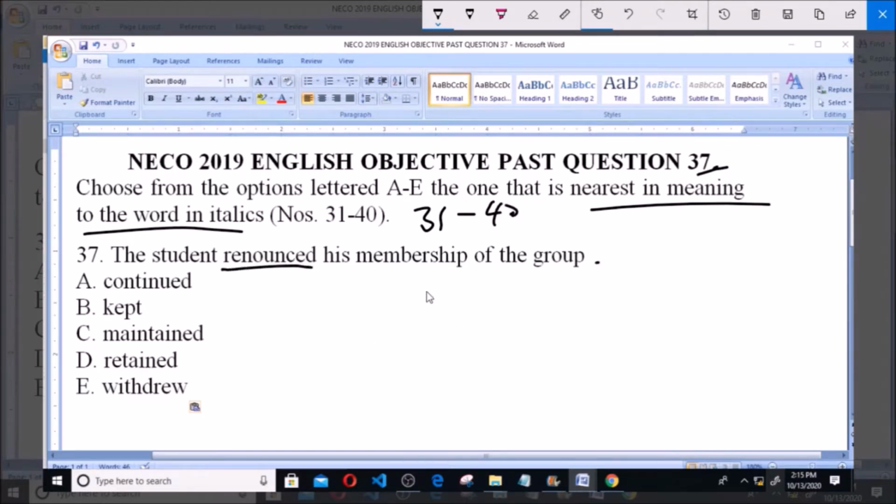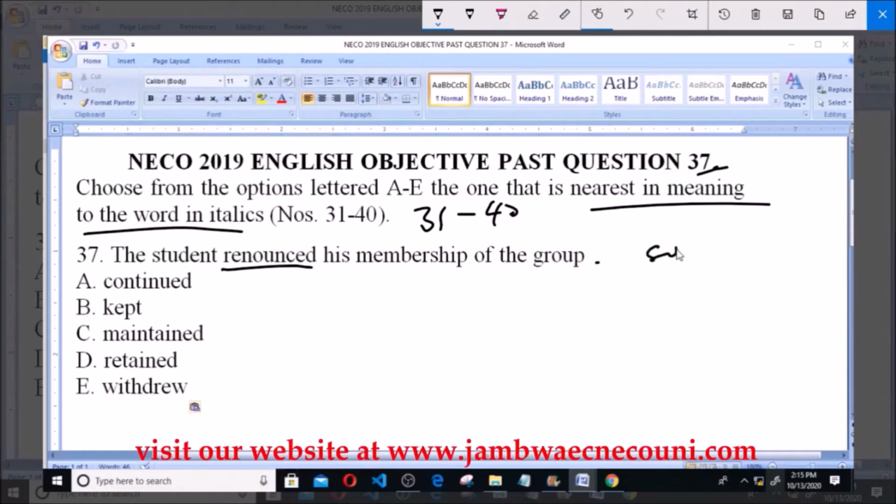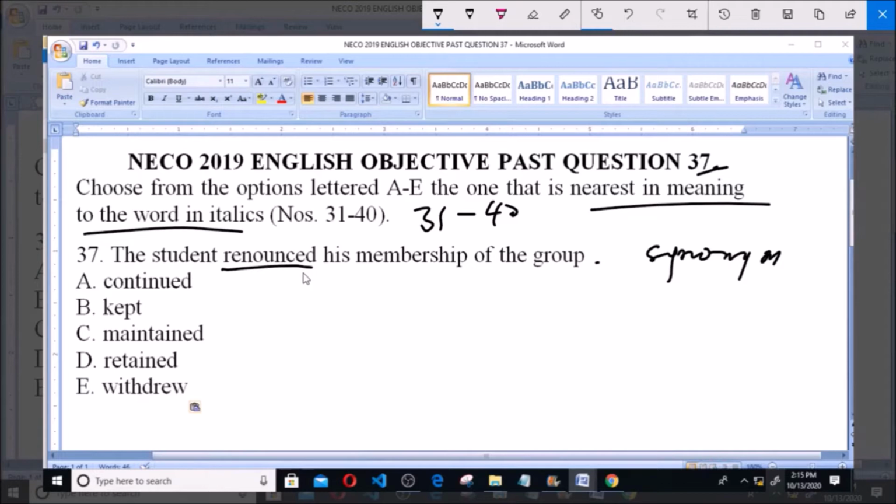Remember that we are talking of synonym in this place, and the statement says the student renounced his membership of the group. A continued, B kept, C maintained, D retained, E withdraw.